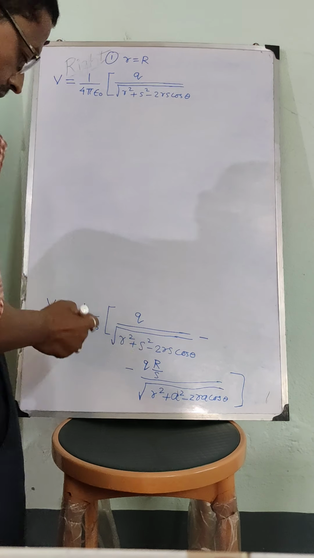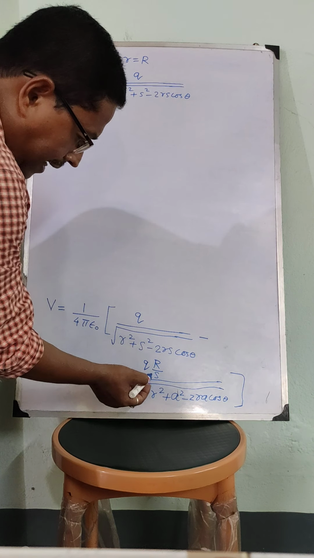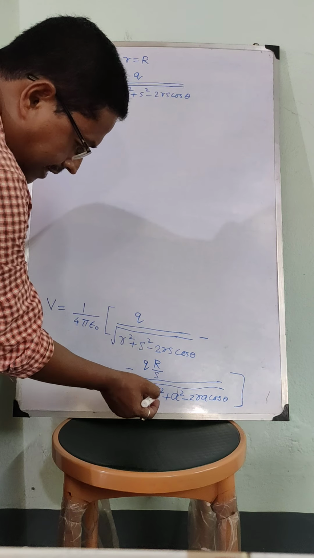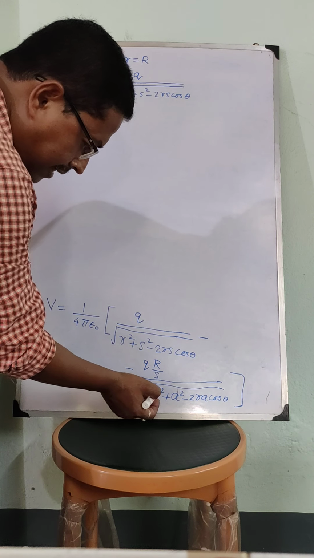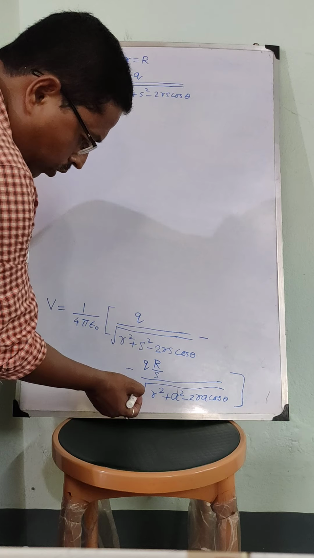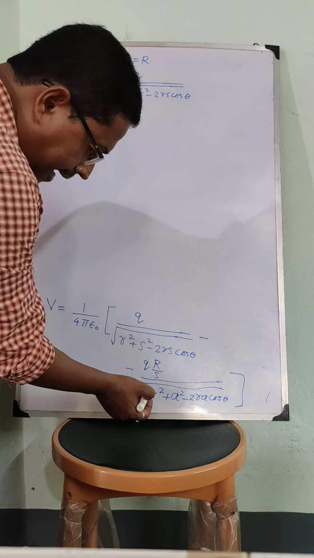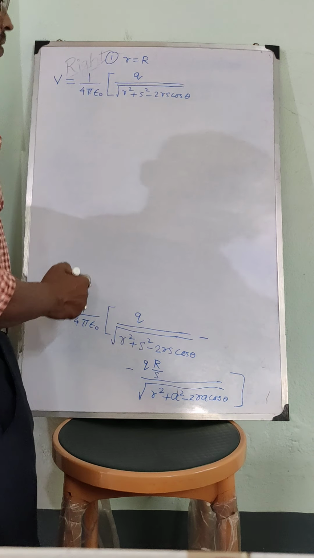Then now I have r by s, this I can take inside in the denominator and insert it inside the root. So it will insert as s square by r square.